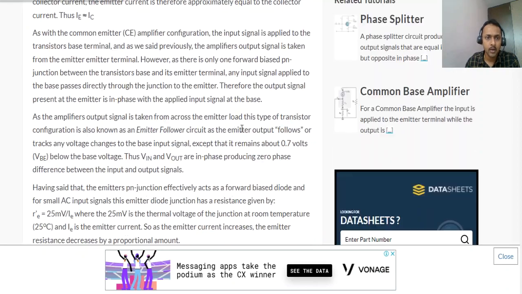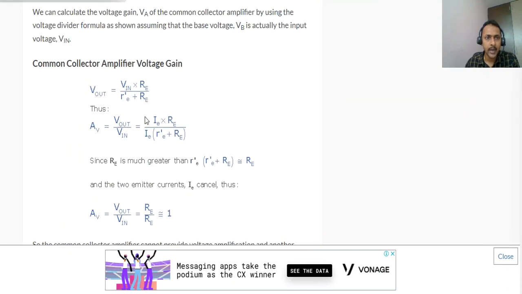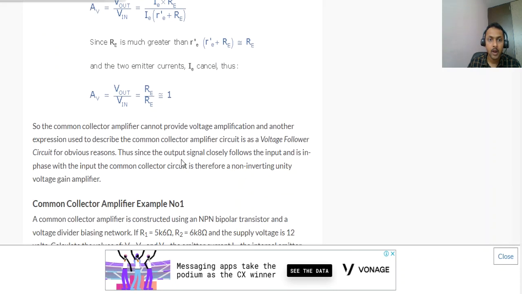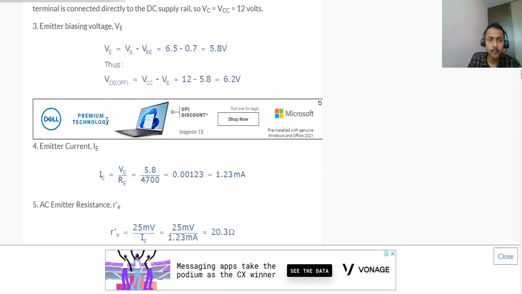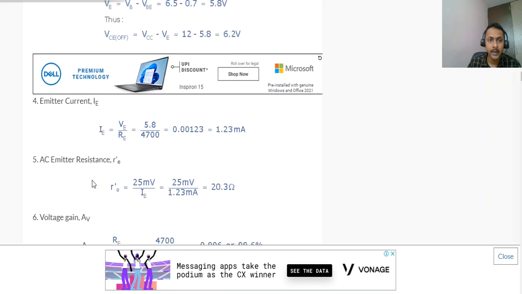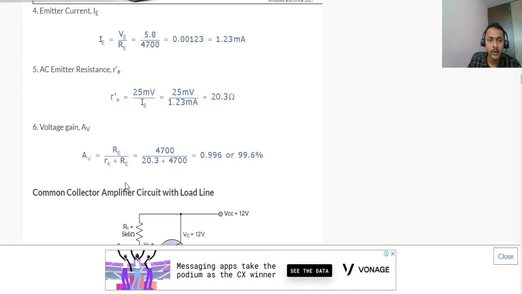For example, if you are interested, we can calculate its output voltage. We can calculate the gain, output voltage by input voltage, right? If it is a common collector amplifier, we will get a value of 1. And also we can go in depth into the biasing voltage, current, emitter current, emitter resistance, AC voltage gain.